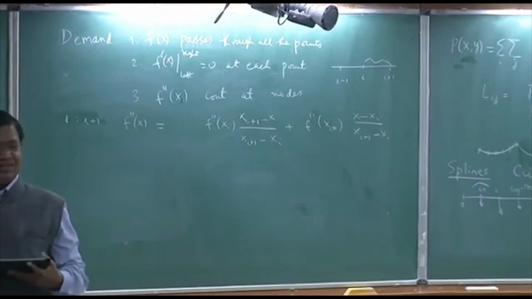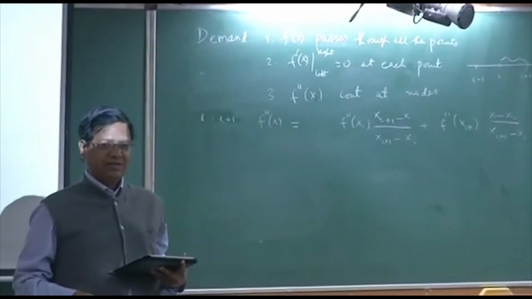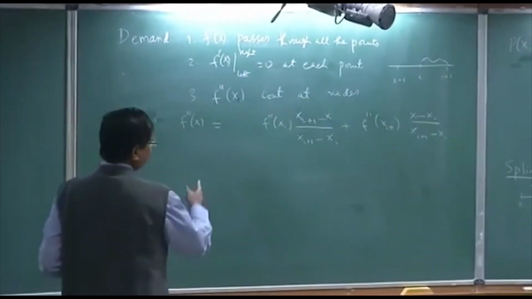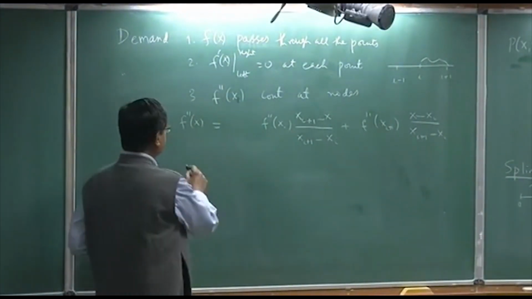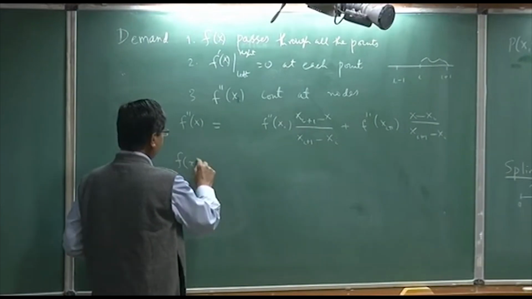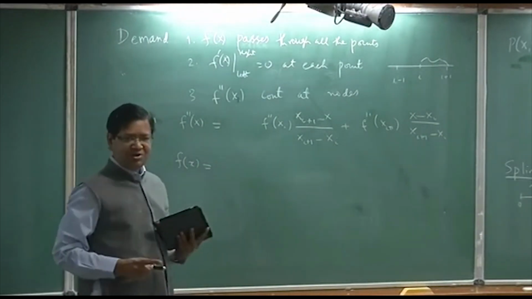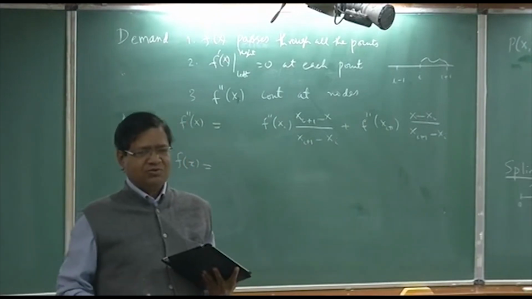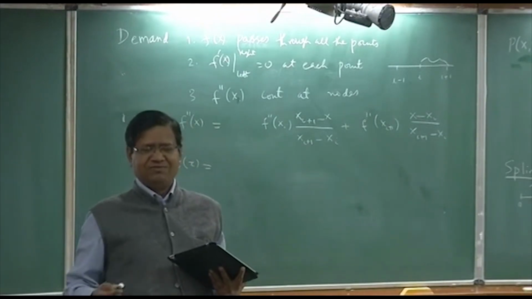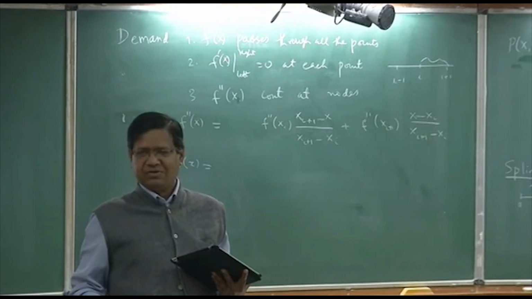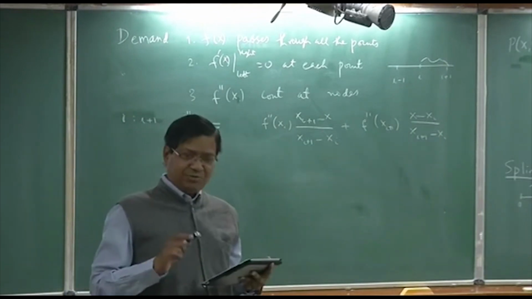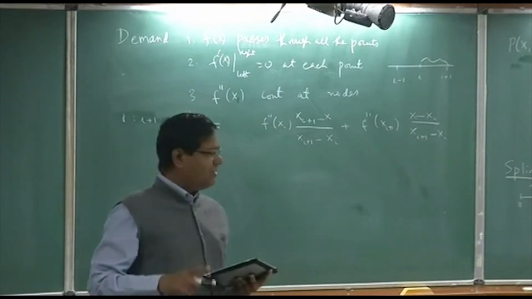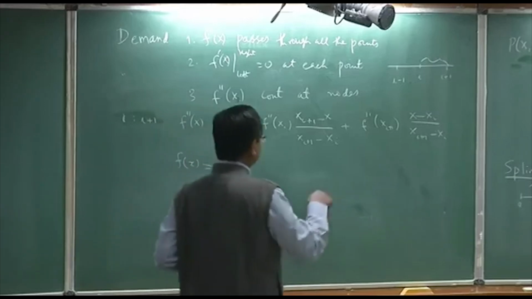Now, if you have this function, then I can get f of x. So integrate this twice. But we demand one more condition, that f of x must pass through all yi. If you put that condition, it's a bit of algebra, so we'll have two unknown coefficients. How are they fixed?